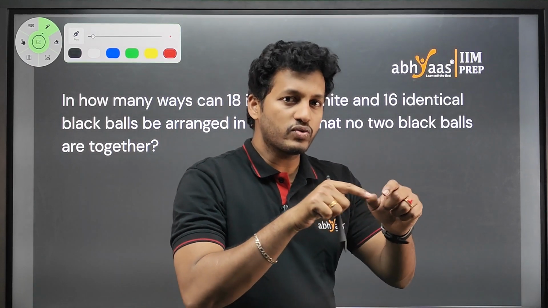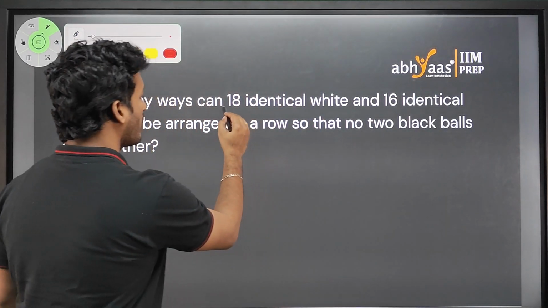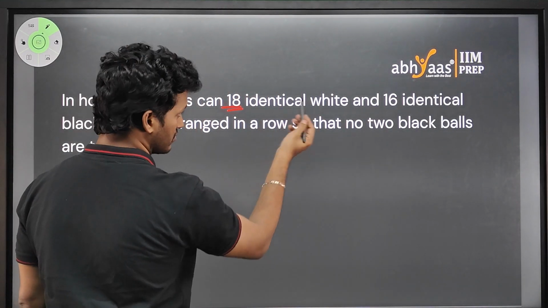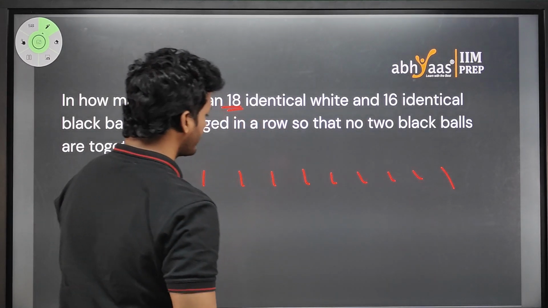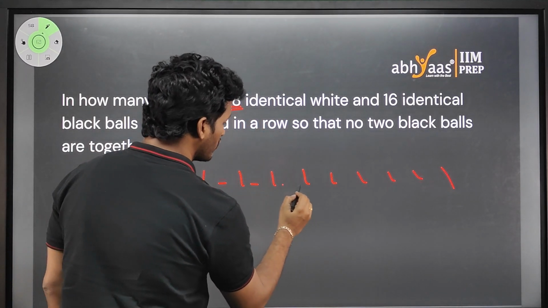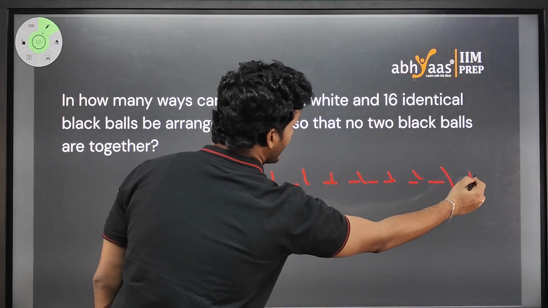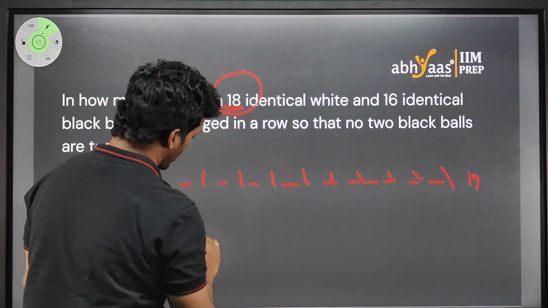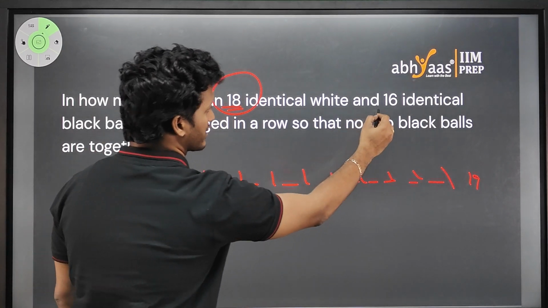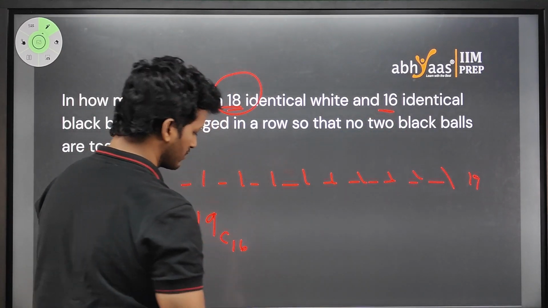That means I have to arrange the white balls first. So in how many ways can I arrange white balls? First of all, let's arrange white balls. It will be 18. These 18 balls will give me 19 spaces. Okay, that means out of 19 spaces, I have to select 16.